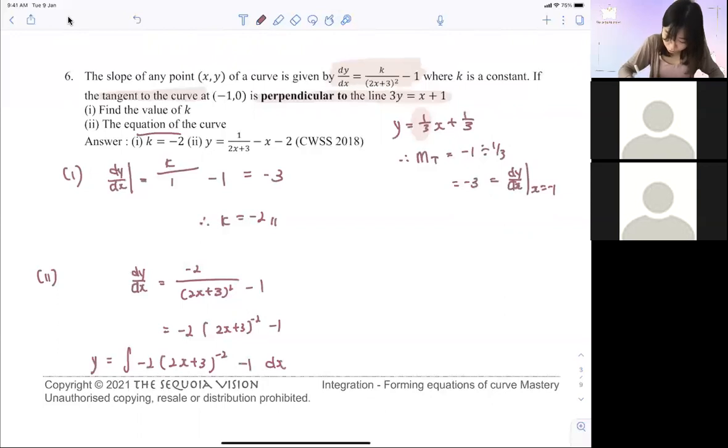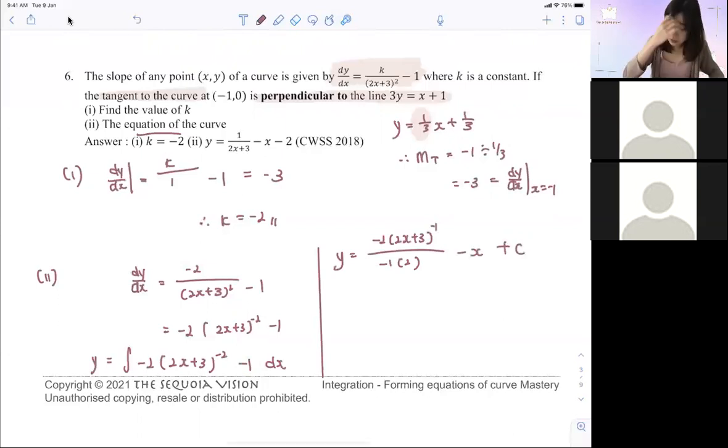So when you integrate, remember what to do? Power increase by 1 over the new power times the differentiation of the bracket. Don't forget, when you integrate, it's not -1, it's minus x. Don't forget to put your plus c.